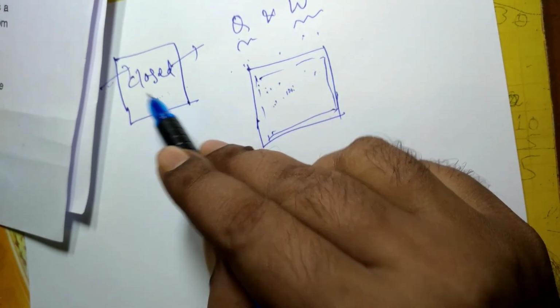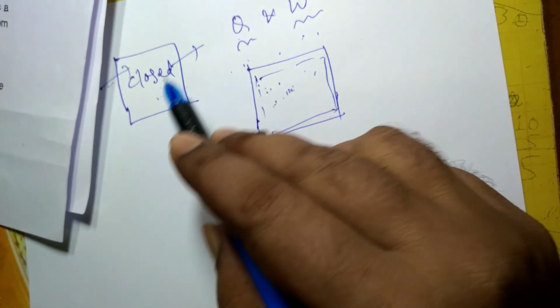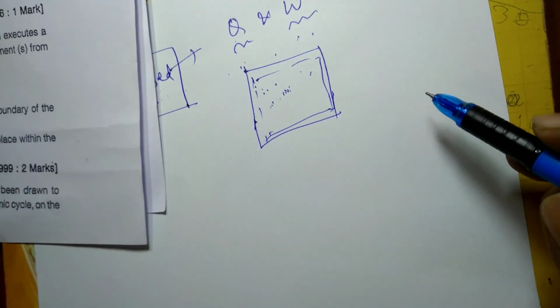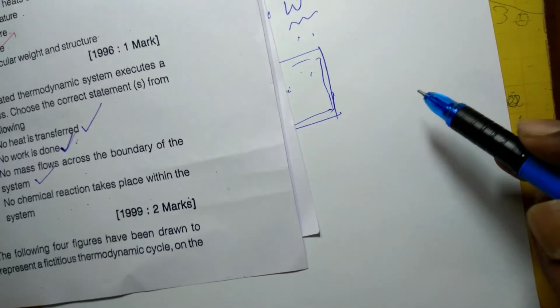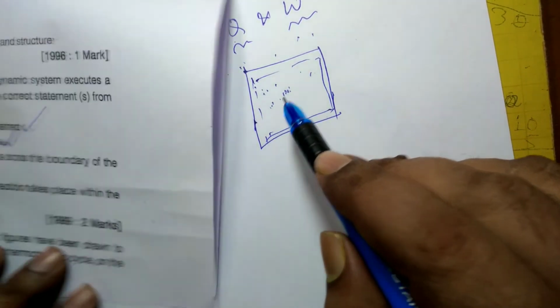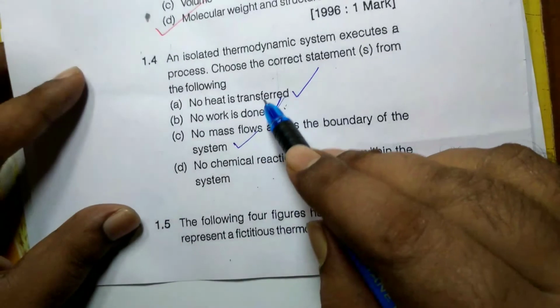In a closed system only mass remains constant, energy may vary. But isolated system में क्या होता है, both mass and energy of this system remain constant. So these 3 options are correct.